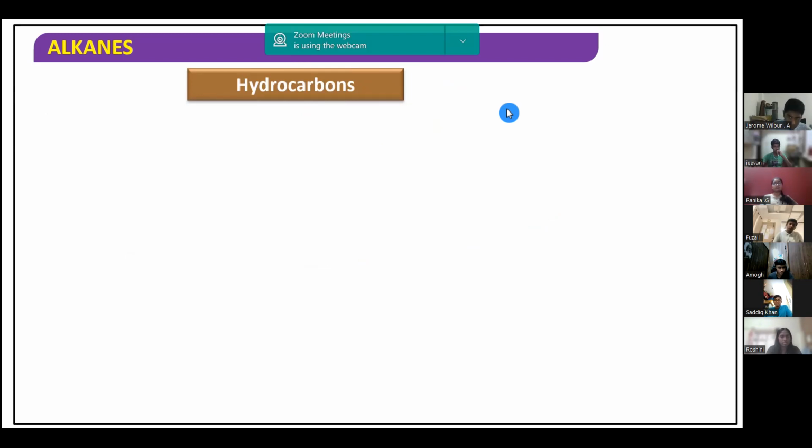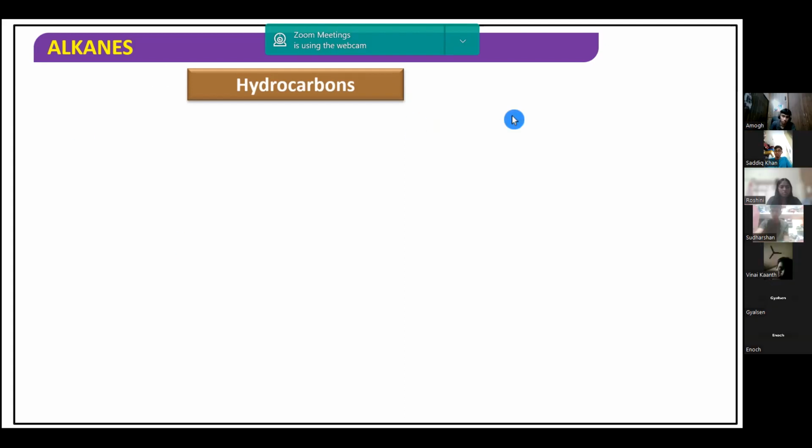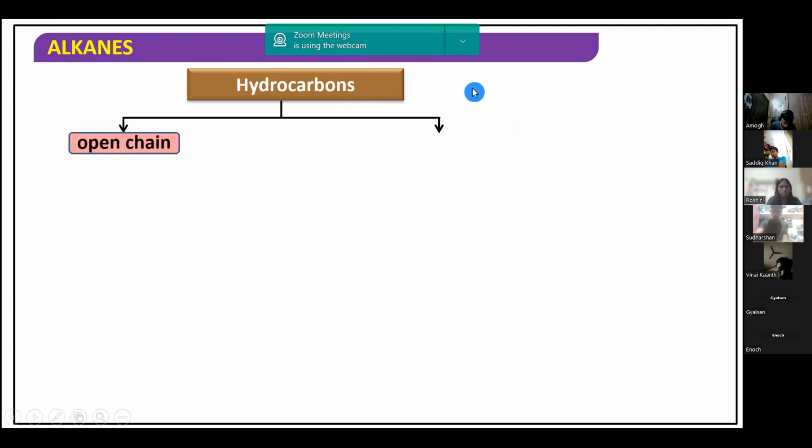Based on structure, one of the important features of carbon is that it can form chain-like structures and ring-like structures. Therefore, hydrocarbons can be classified as open chain hydrocarbons and closed chain hydrocarbons.